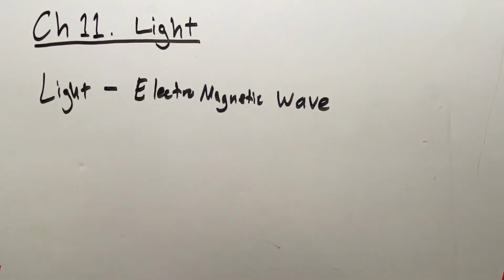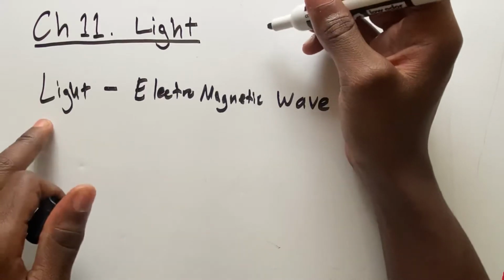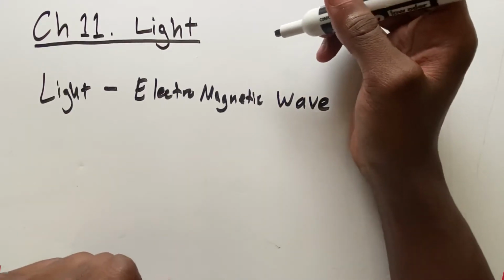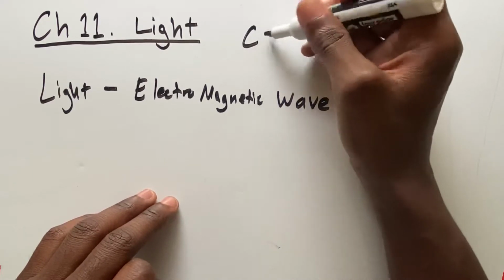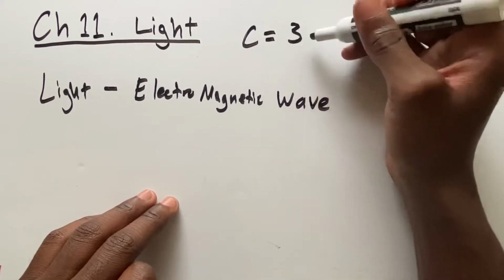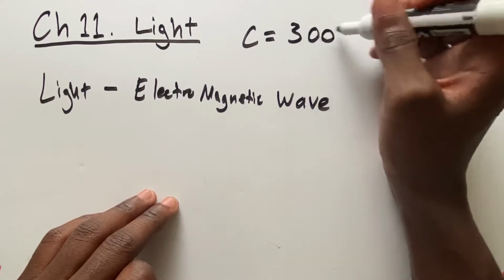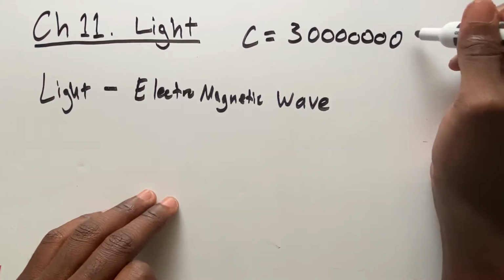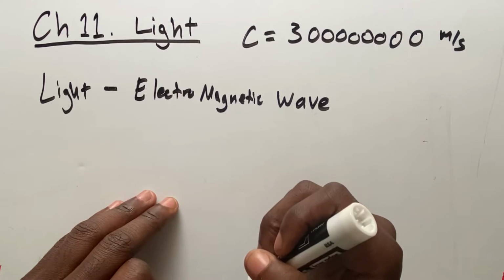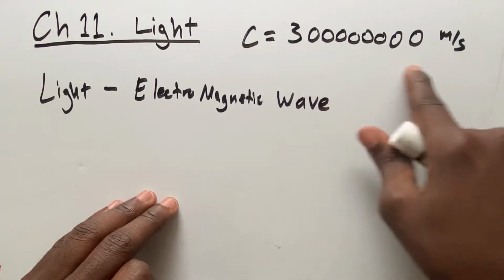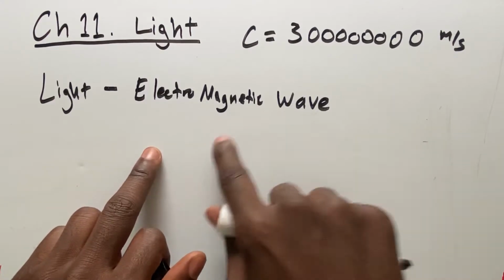And let me give you the speed of this wave. It's basically the speed of light, or the speed of electromagnetic waves. So we use C for the speed of light, and it's going to be equal to 3, basically 3 with 8 zeros. 1, 2, 3, 4, 5, 6, 7, 8 zeros, meters per second. So this is how fast light is, or this is how fast all electromagnetic waves travel.